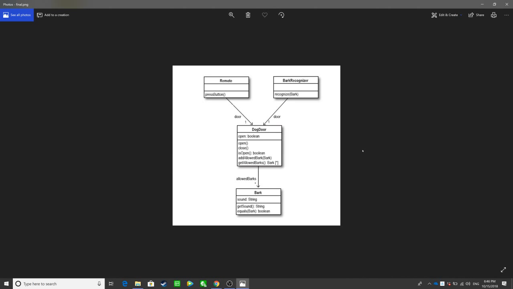Okay, let's look here. The association from the remote to the dog door has a text there called door, D-O-O-R. What does that mean?